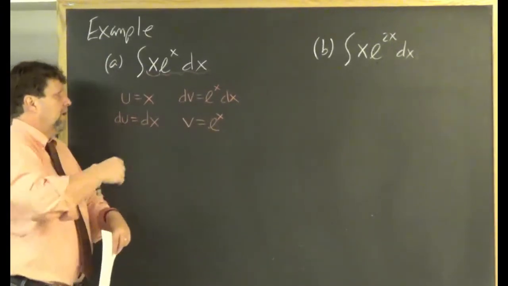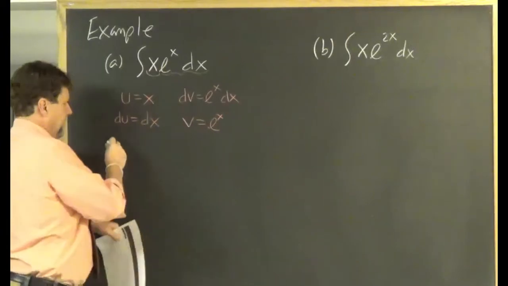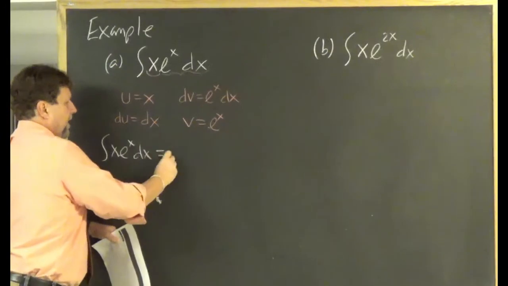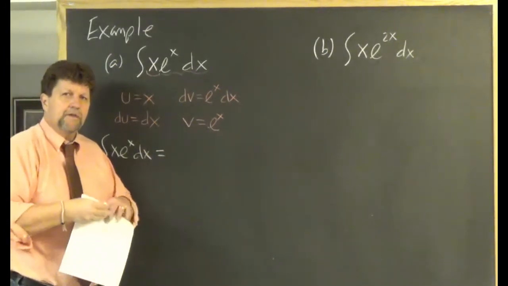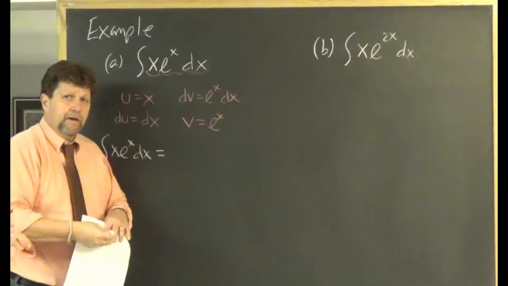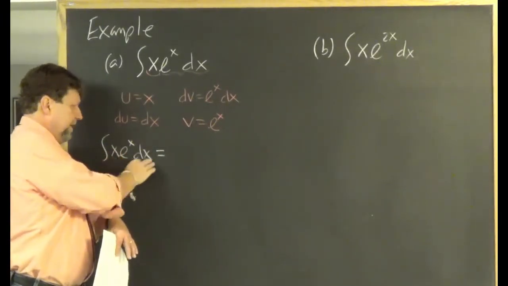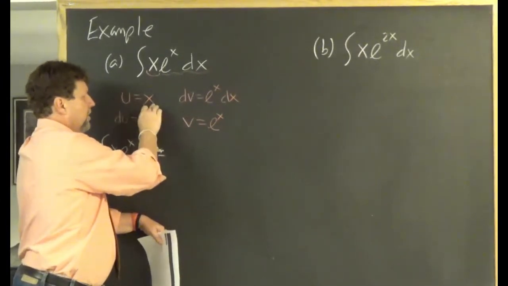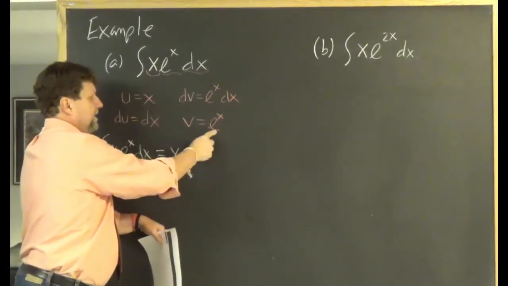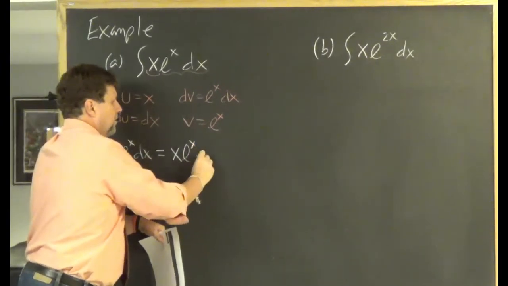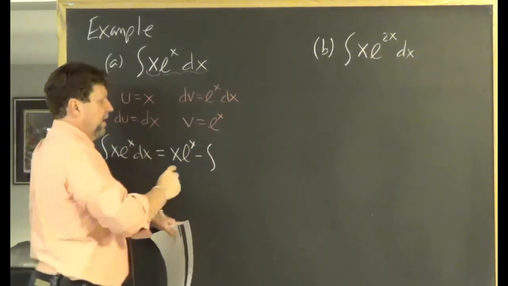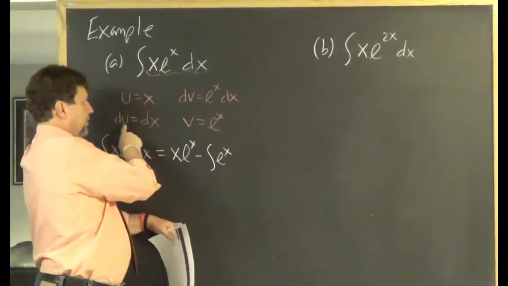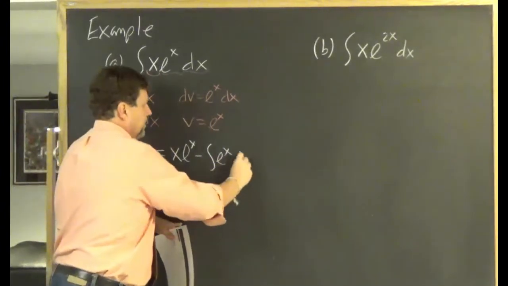So I write all this down, and then I write down the original integral, and now I crank it through the integration by parts. So remember, the integration by parts says when you have the integral of u dv, it equals u times v. Well, u is x, v is e to the x, minus the integral of v, that's e to the x, du. du is dx.